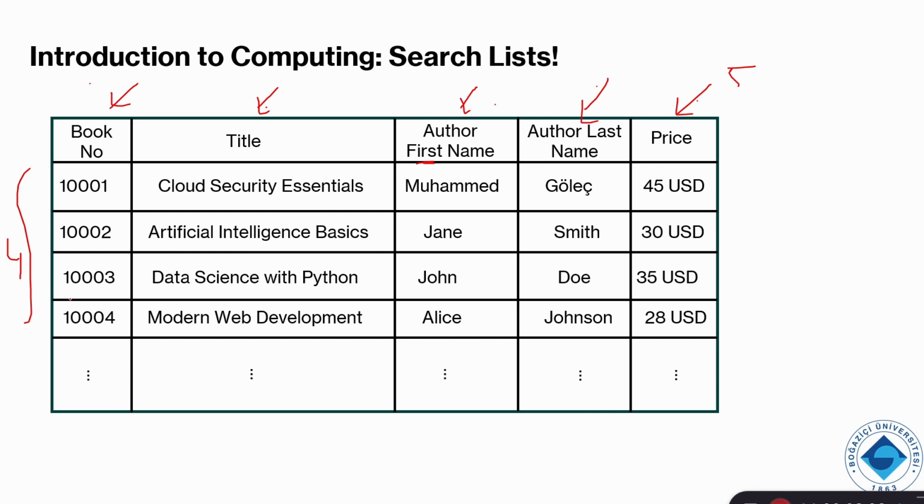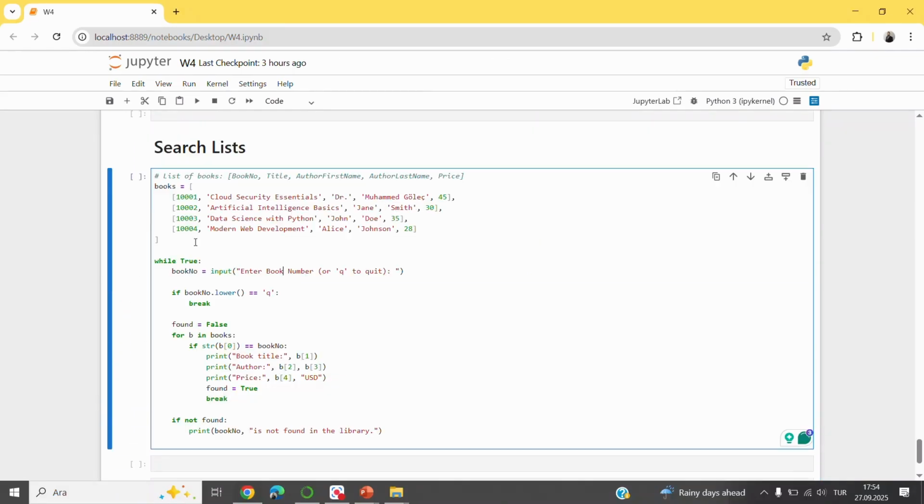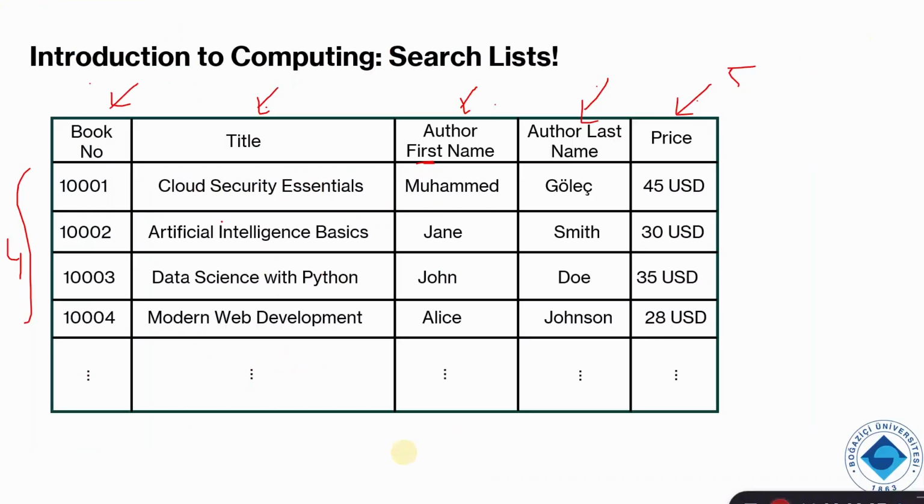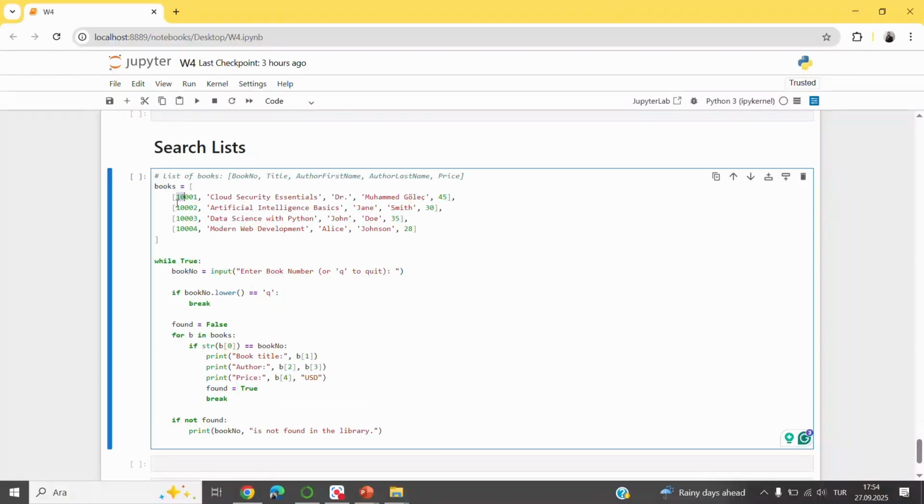First of all, we need to add all of them to our list. Let's do it together. Here, we created our book list by typing book number, book name, the first name, second name, like that one.